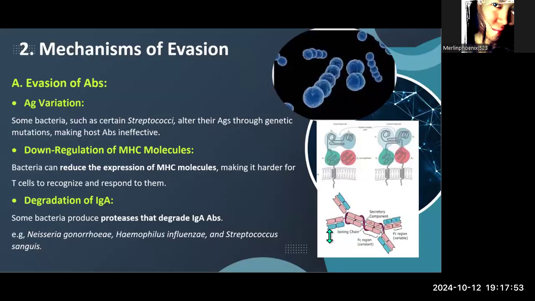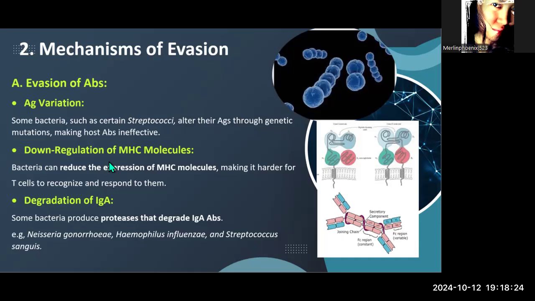Now, mechanisms of evasion: how these bacteria can evade the immune system responses. First, evasion of antibodies by antigen variation. Certain bacteria like streptococci mutate their antigens, rendering host antibodies ineffective. There is also downregulation of MHC molecules.